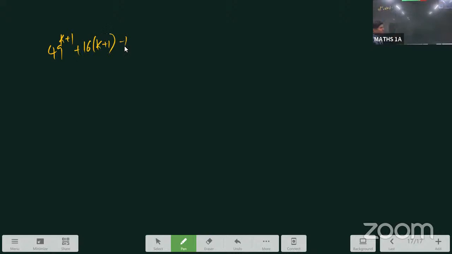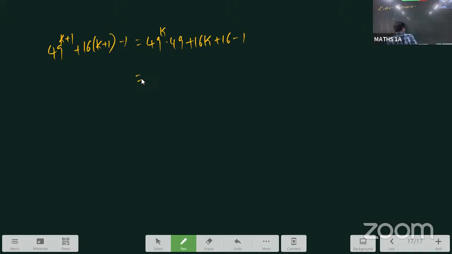But I will not directly write that it is divisible by 64. Is it clear? Let us simplify this part. That is equal to 49 power k into 49, split up, plus 16k plus 16 minus 1.